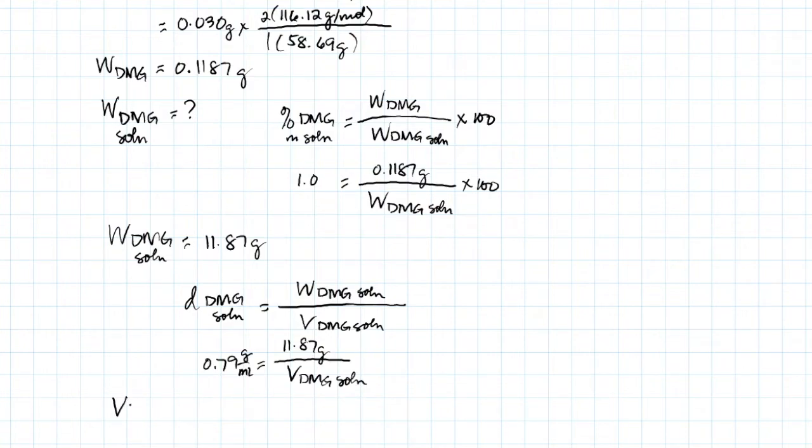So the volume of our DMG solution is equal to 15.025 milliliters.